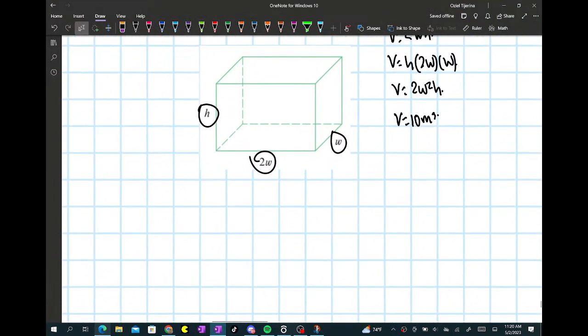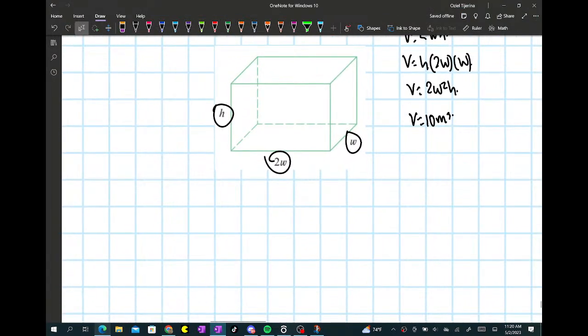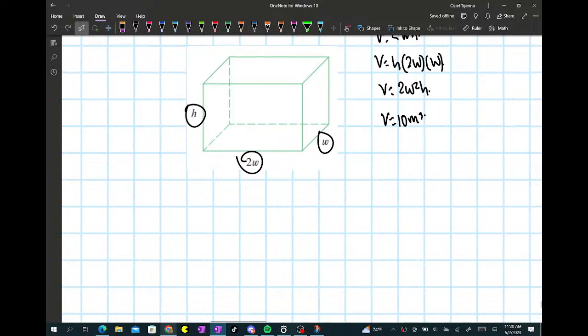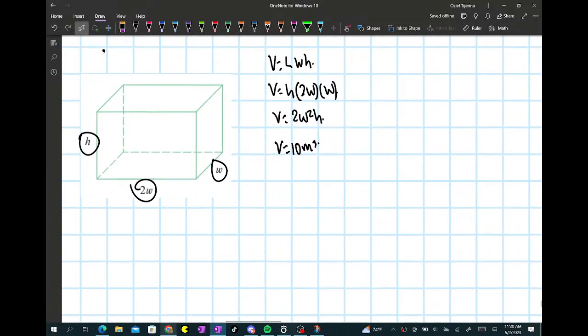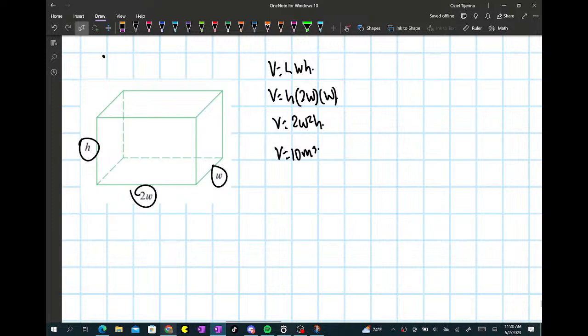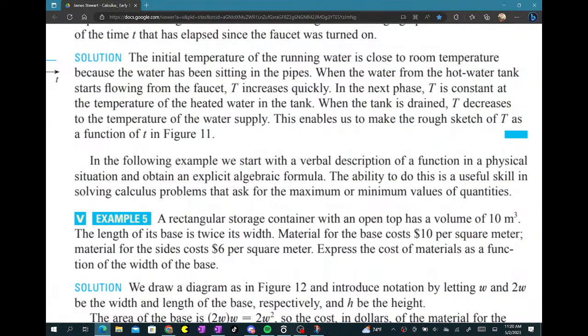Let me think. Oh, that just means L equals 2W, right? And so L equals 2W. Let me see.